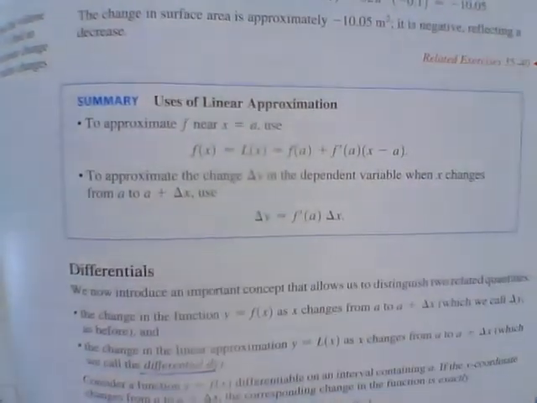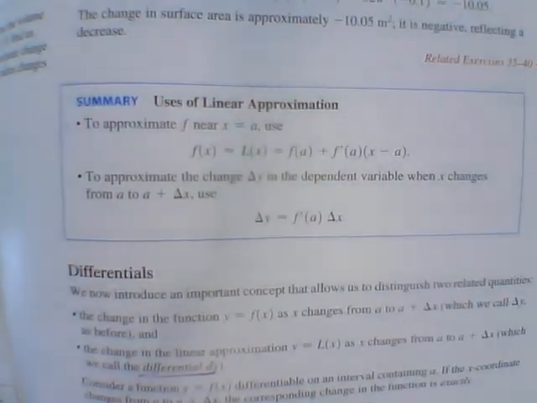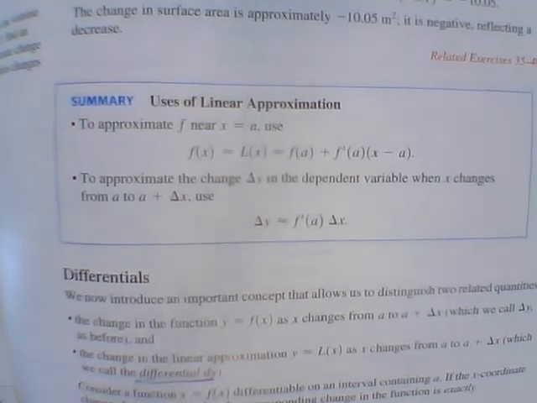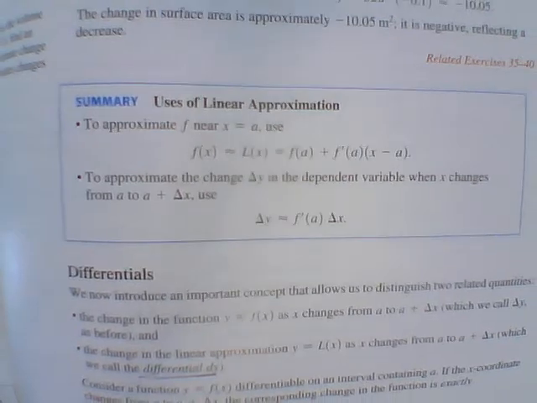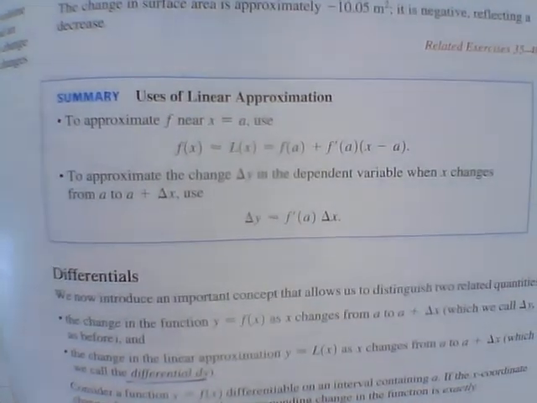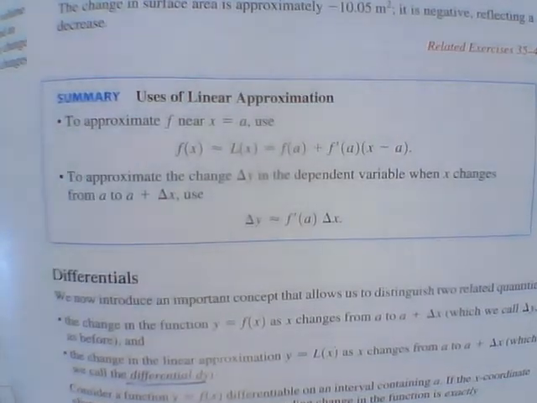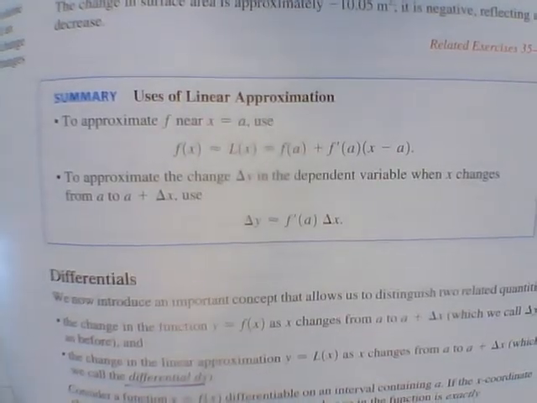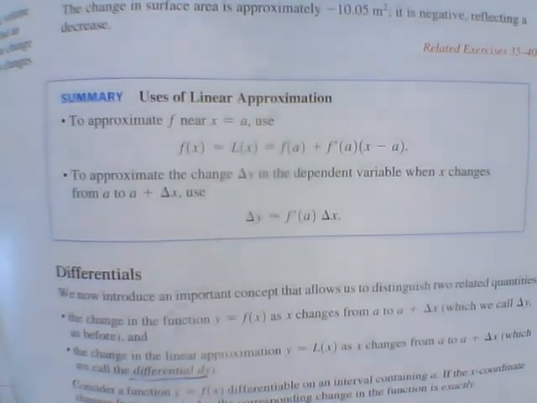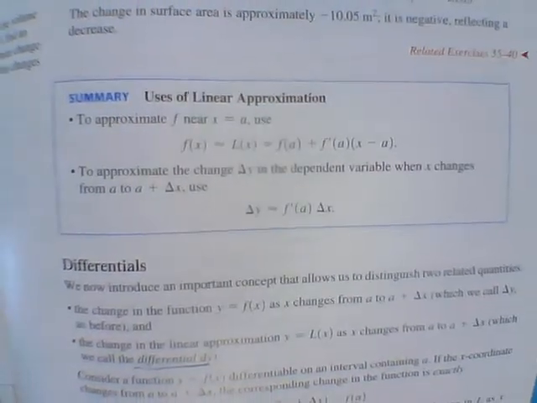This leads into how people in the past were able to approximate irrational numbers and solve these very complex problems without calculators. This is the calculus that was being used.